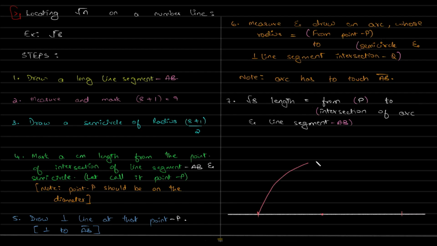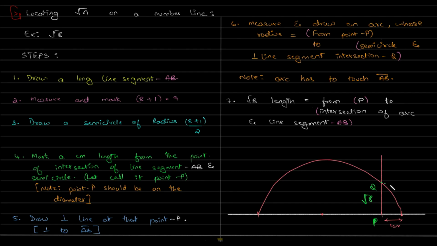So we have the center and draw the semicircle. From this point as the center, mark 1 centimeter inside. So this is 1 centimeter inside, and draw a perpendicular line. With this as point P and this as point Q, measure this length. This is our actual root of 8 length, root of 8.